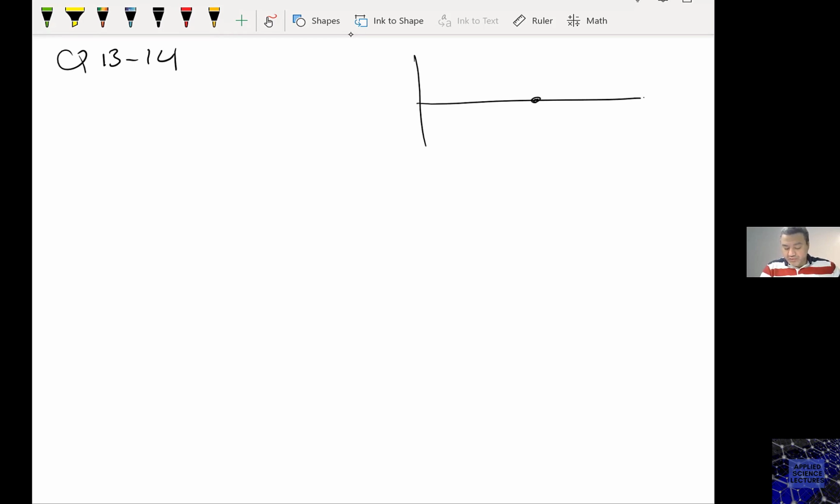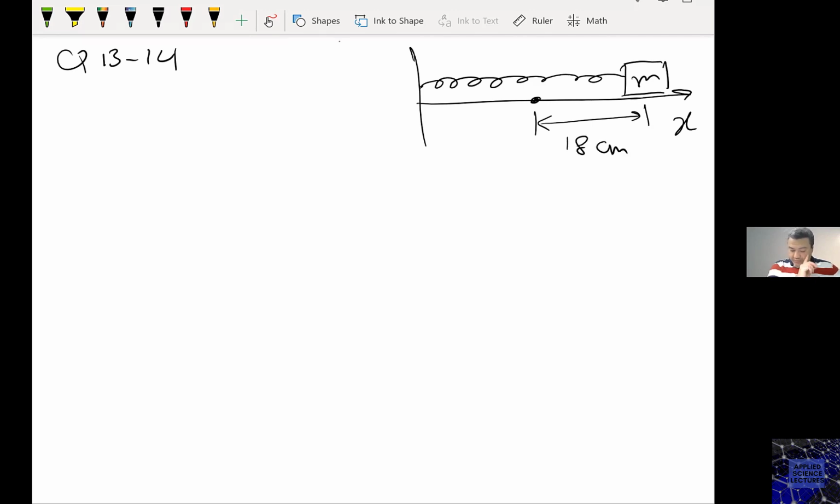This is the point of equilibrium. So the box, if this is 18 centimeters, then here we have the frequency f as 1.25 Hertz.